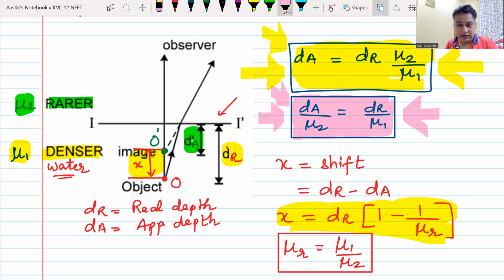You just have to remember the names of the terms that we have used: real depth, apparent depth, mu1, mu2, and remember the relation.